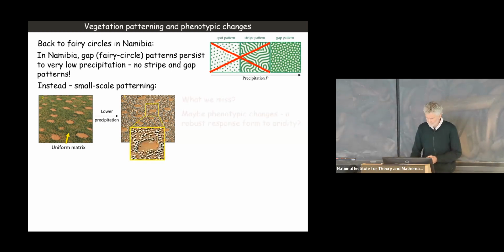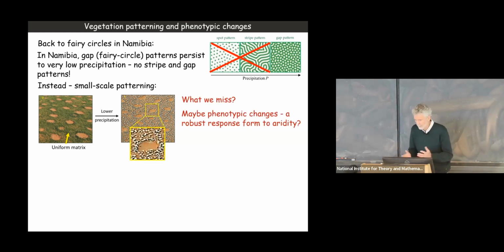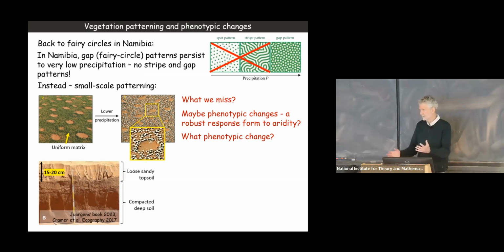And so the question is what we miss. Well, maybe phenotypic changes. This is a very robust behavior. But then what phenotypic change may apply to this case? So it turns out that if we go in the depth dimension, the soil is in many cases layered. There is a loose top sandy layer, and below it there is a compacted deep soil.